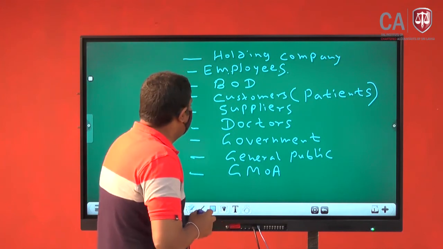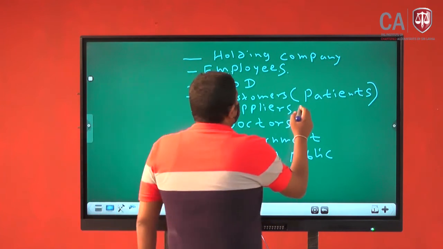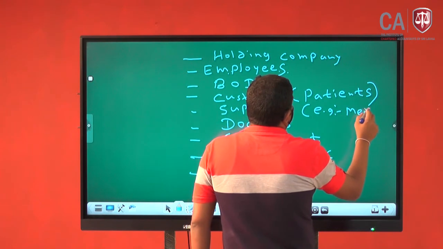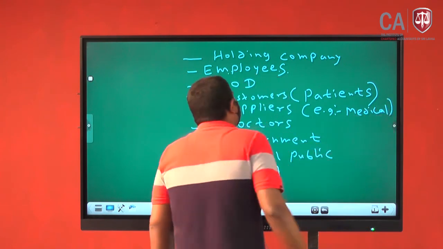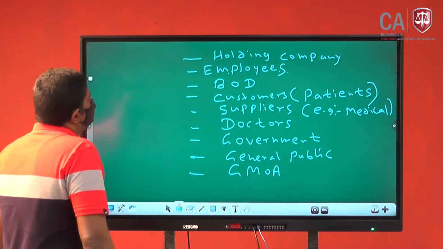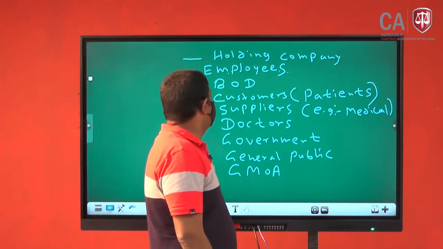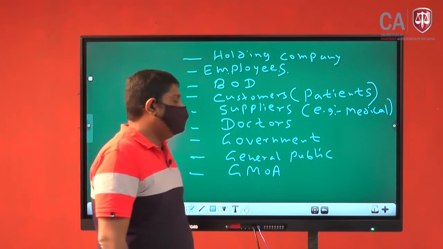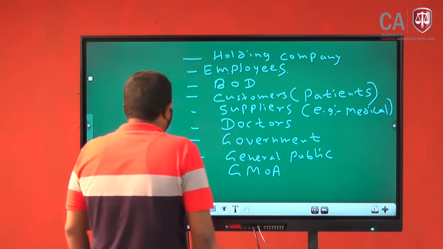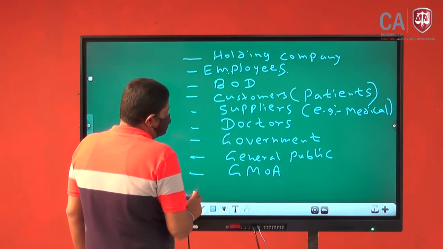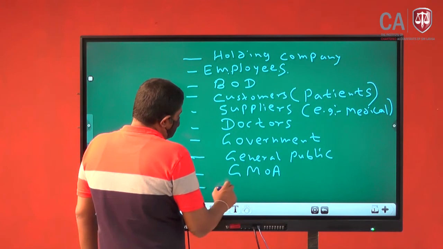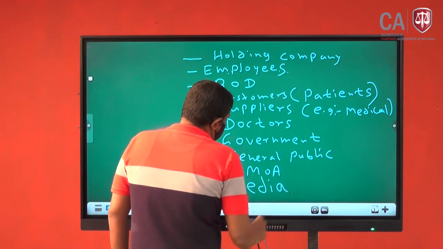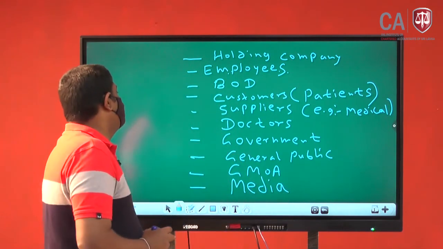For example, here we will say medical or pharmaceutical companies, right. So, that is the first thing we have done. If you go to mini level, micro level, more stakeholder parties can be identified. Even we will say media, right.